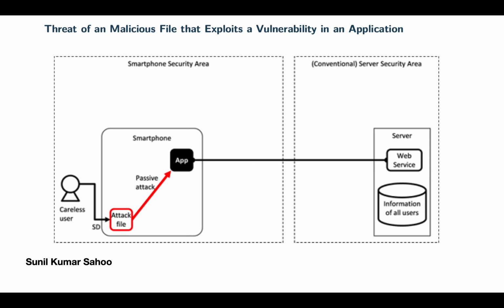When we open that type of file, only then can it attack our application. That attack is known as a passive attack, because it has a script; unless it is opened, it cannot attack and it cannot steal the information. After we open that file, there is a chance the script will run and try to steal some information.